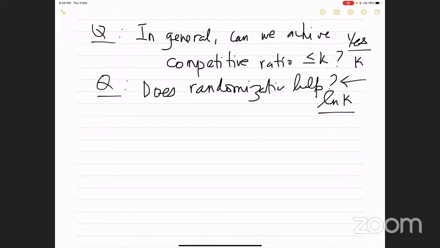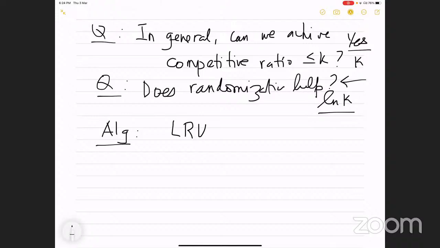All right, so let me show you an algorithm which achieves a competitive ratio of k. If you have ever done a course in hardware, people talk about this algorithm called LRU, the least recently used algorithm. It says, look, I don't know what the future is, but I know what the past is.